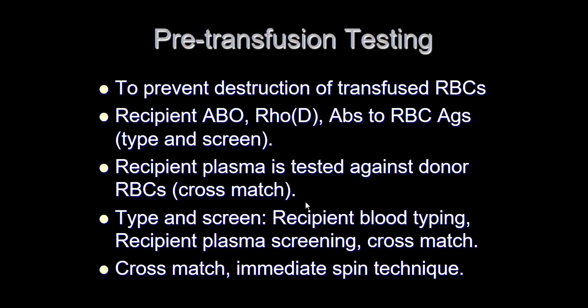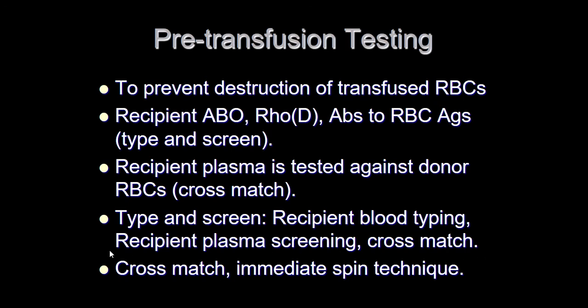So this is what we call the cross match, to see if clumping is going to take place or not. So the type and screen is the recipient blood typing, and we do blood grouping and Rh. Recipient plasma is screened. We call that the cross match, as I said.